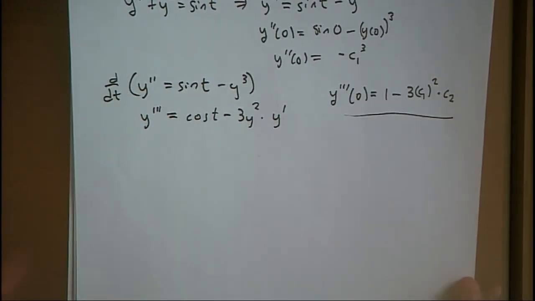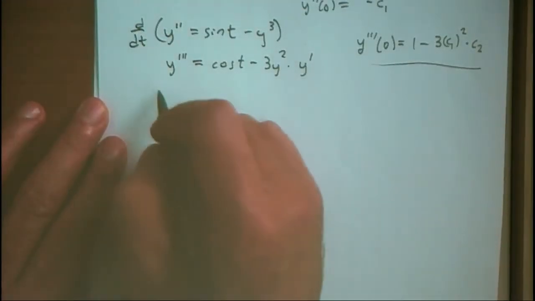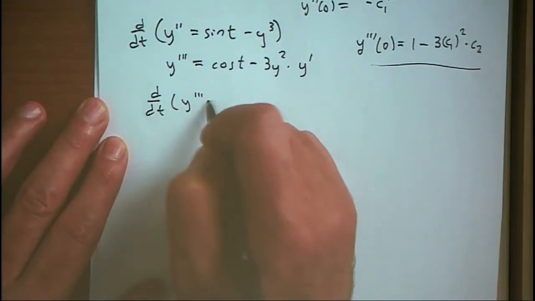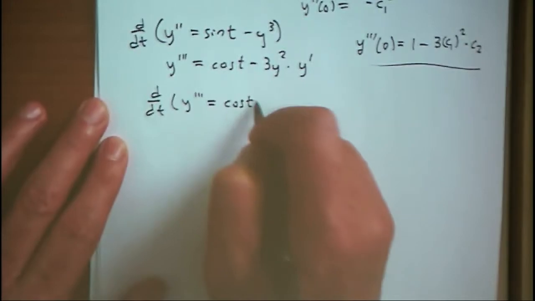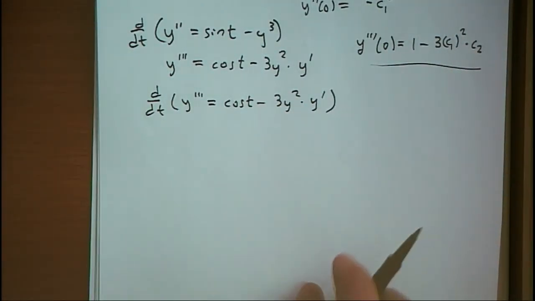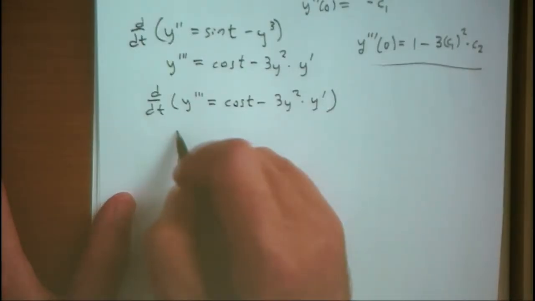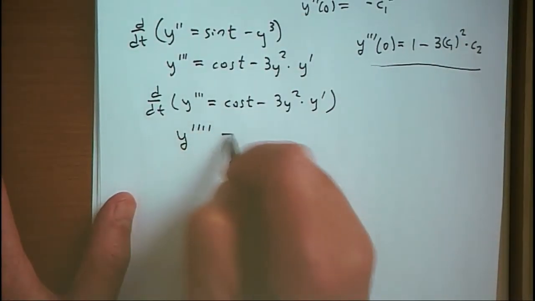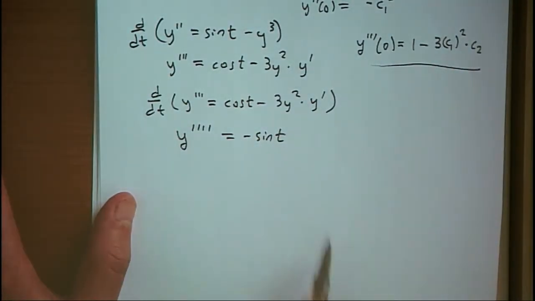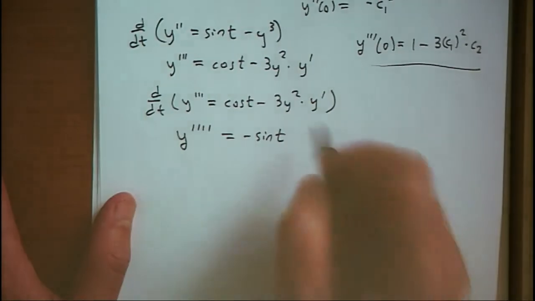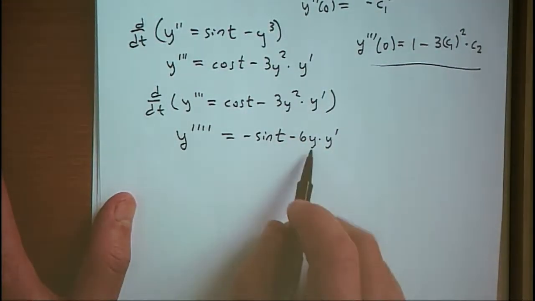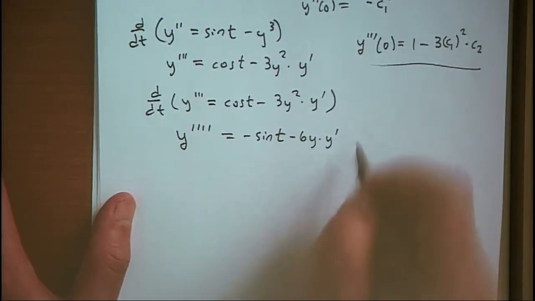And again, we need one more term, so I have to take another derivative of this. d dt of y triple prime, equaling cosine t minus 3y squared times y prime. Well, on the left, we get the fourth derivative. The derivative of cosine is minus the sine. And this we have to use a product rule on again, so it's minus 6y times y prime, because I took a derivative of a y there, times y prime.